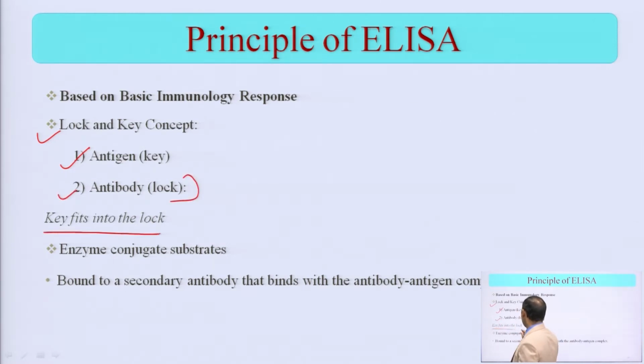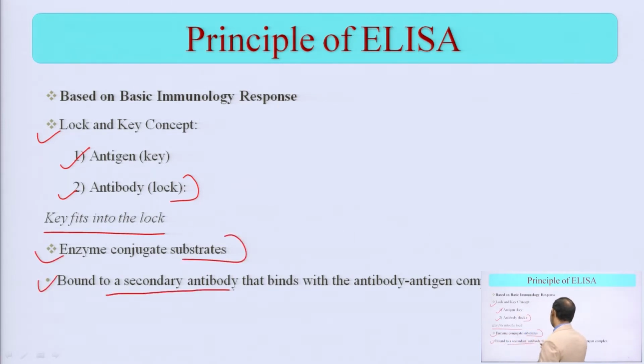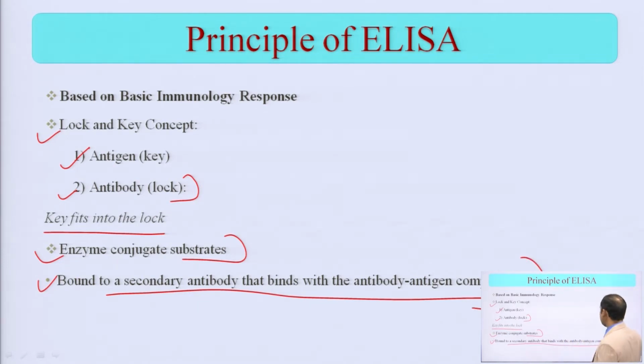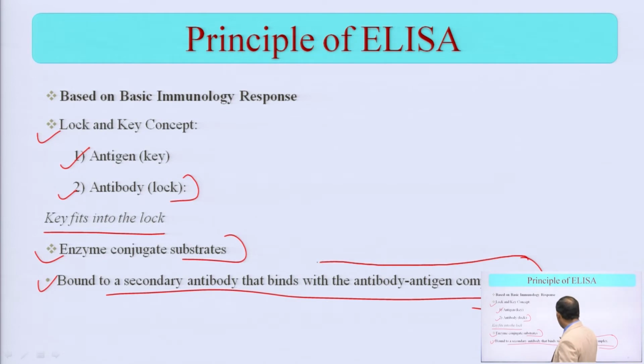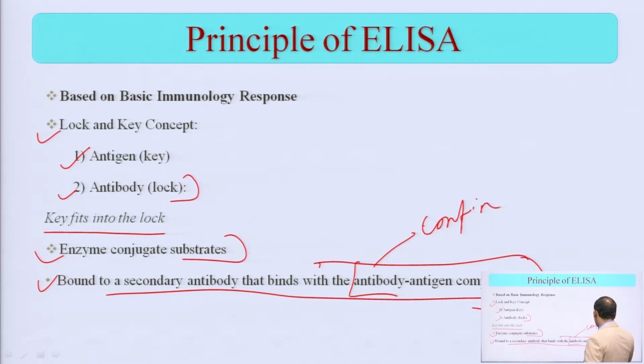So, the key fits into the lock, and an enzyme conjugate substrate is developed and bound to the secondary antibody that binds the antibody antigen complex. So, from the antigen antibody complex that is created, we are able to confirm that yes, this antigen is present, due to which this complex is happening.